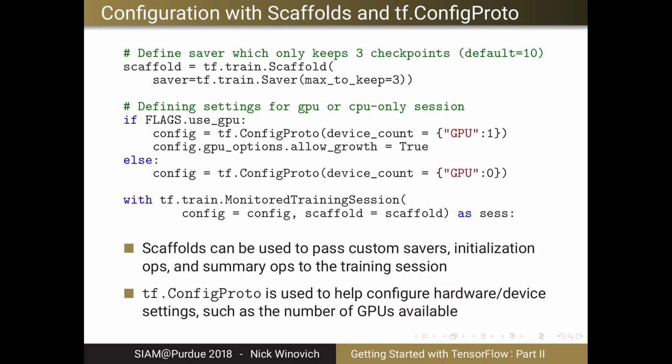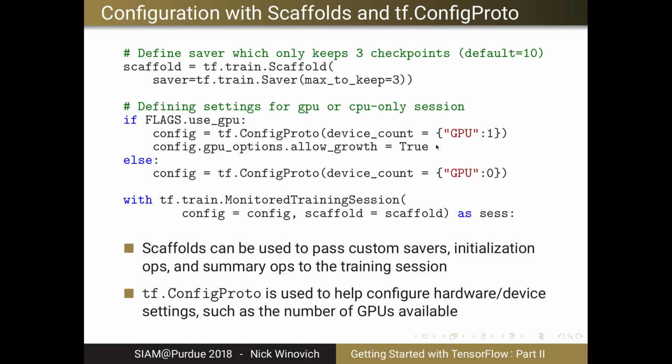In addition to setting up the GPU on the system, you have to tell your code in order to configure things correctly. You want to tell your code how many GPUs are available. And it generally will figure this out correctly, but just to be explicit here, for instance, if we wanted to use the GPU flag that I mentioned before, we define a configuration for our monitored session which either specifies 1 GPU is available or no GPUs are available, depending on whether we are using GPUs or not.